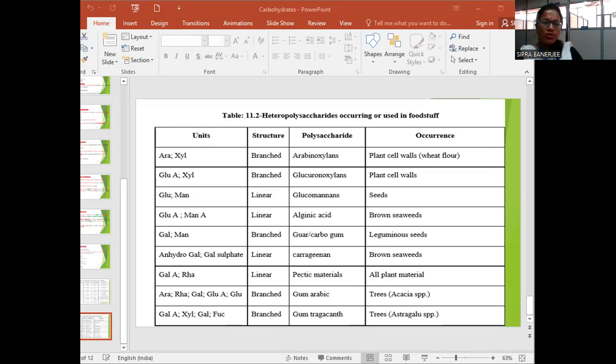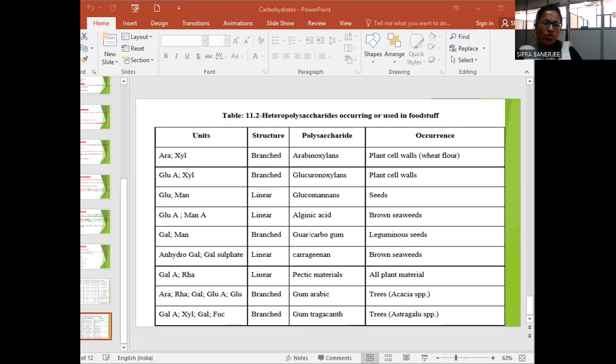Coming to maltose, it is a malt sugar, glucose plus glucose, found in germinating seeds and used in fermentation, malted beverages, beer, whiskey, and also peanut chikki, this type of thing. You can see the structure here.